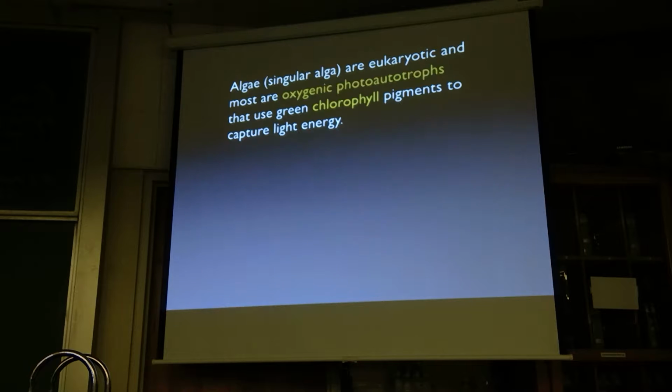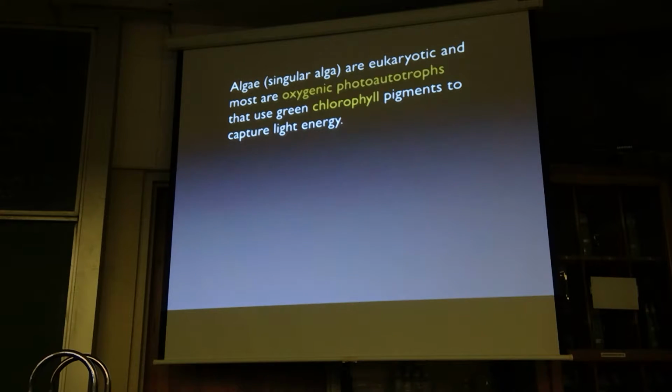In this class, we're interested in the microscopic forms, and what we know about them, a couple of things. They are oxygenic. They are photoautotrophs. So they produce oxygen as a byproduct of their metabolism, which we'll talk about later on. They use light as their source of energy and inorganic carbon.